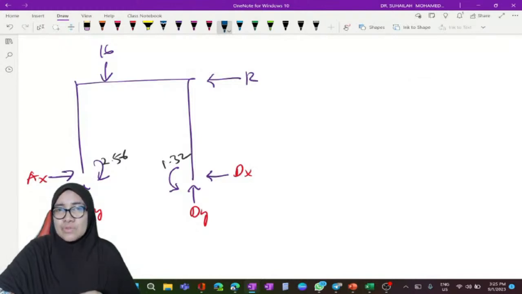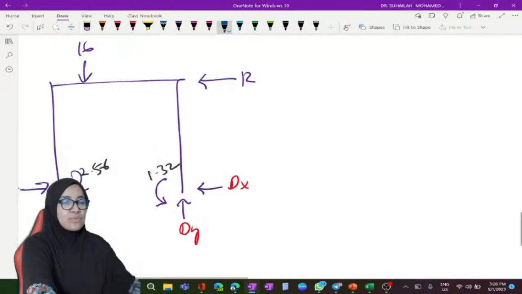Column is a vertical member. So the delta for column is in horizontal direction, and the delta occurs due to shear. That is why we call it the shear equation.